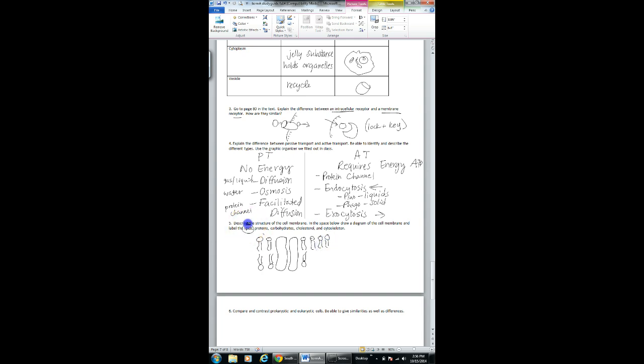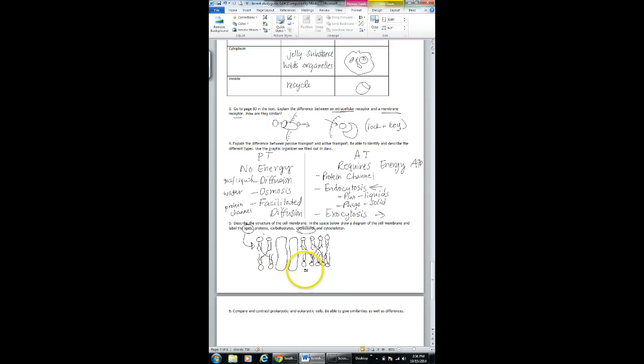So the lipids that we're talking about are the phospholipids here. Also, there's some lipids. We learned earlier that cholesterol is a type of lipid, and it's actually used as support through these fatty acids for extra support for structure. When it gets cold and hot, it holds the fatty acid tails together.